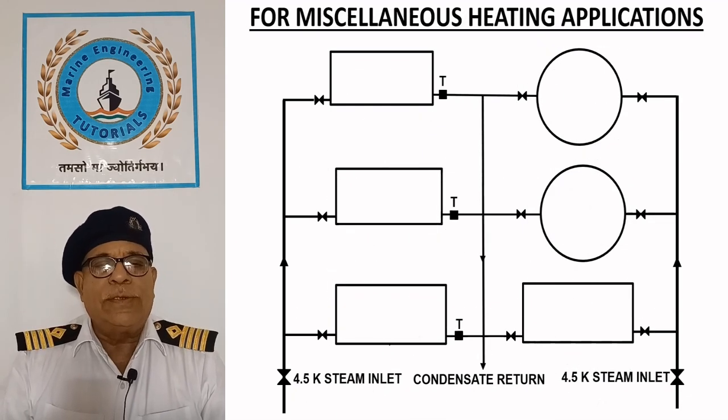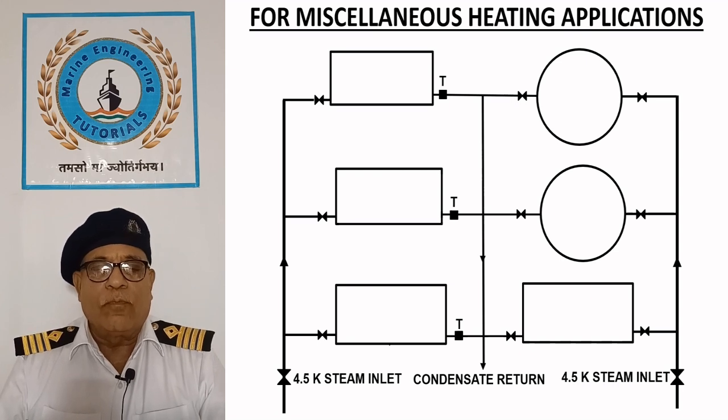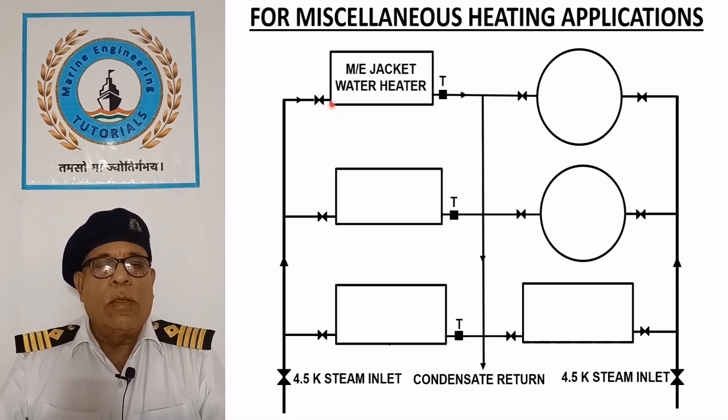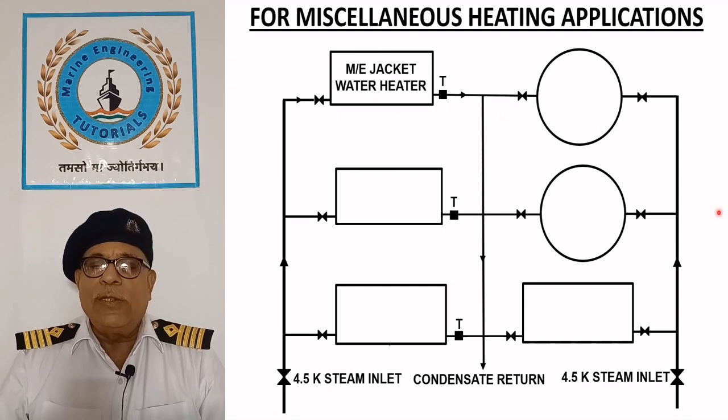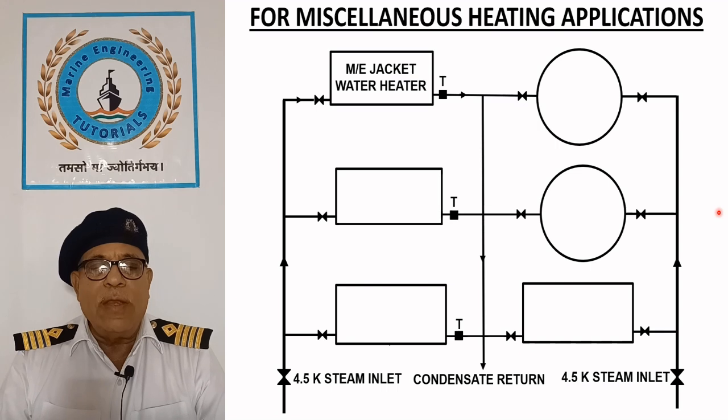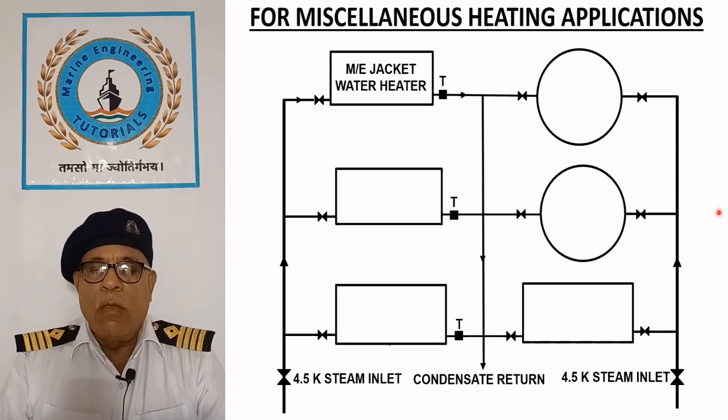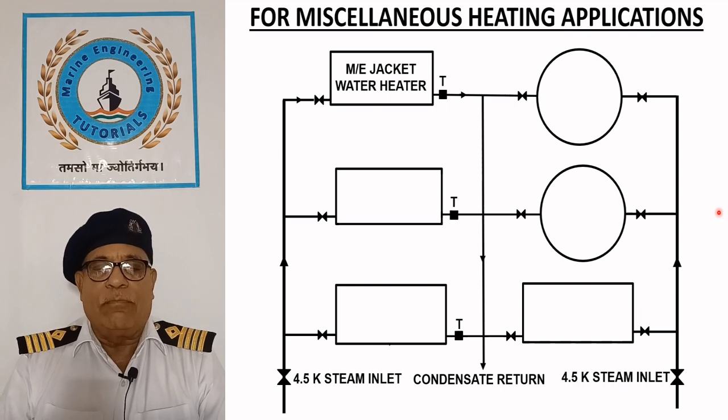For miscellaneous heating applications, this slide highlights various miscellaneous uses of steam heating systems on board ship. Main engine jacket water heater. While the ship is in port, the main engine is kept warm by preheating the jacket cooling water using steam.